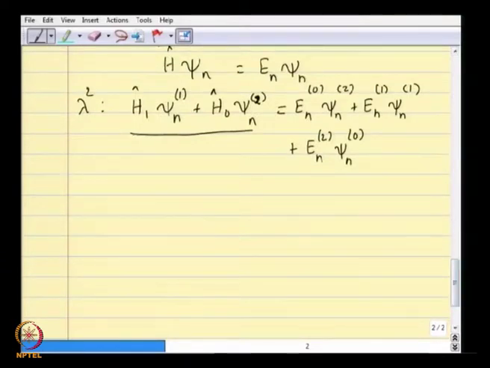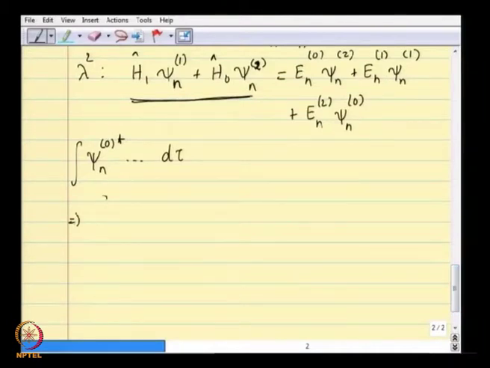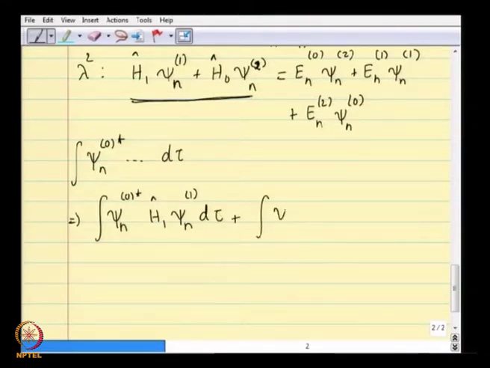Now what we need to do is do the same trick that we did, namely multiply this by psi n0 star and integrate both the left hand side and the right hand side. This n is the same as the n for which we are looking for the corrections, second order corrections. So when we do that, the equation is the integral of psi n0 star H1 psi n1 d tau plus the integral psi n0 star H0 psi n2 d tau.